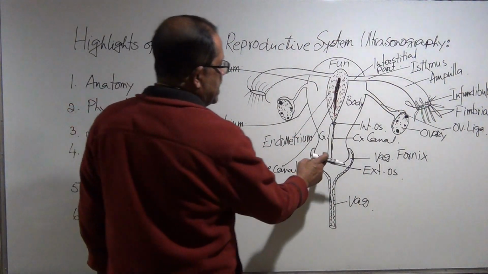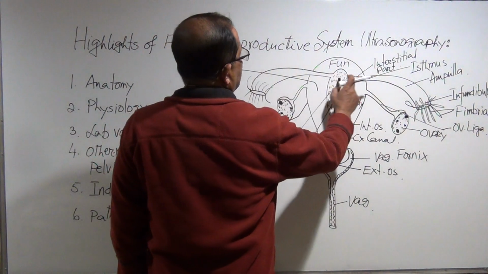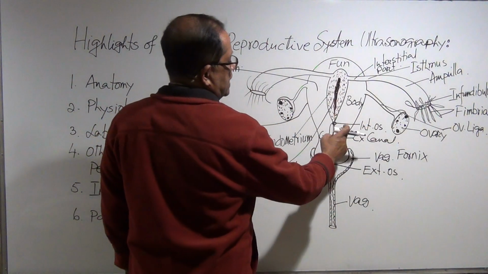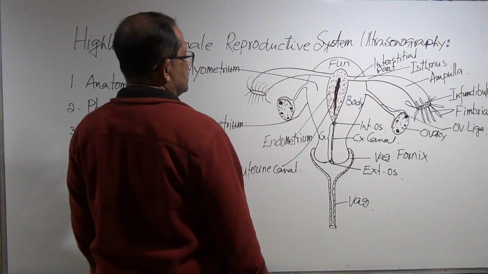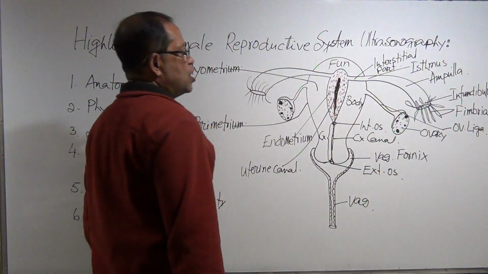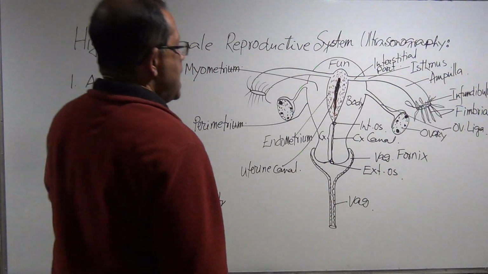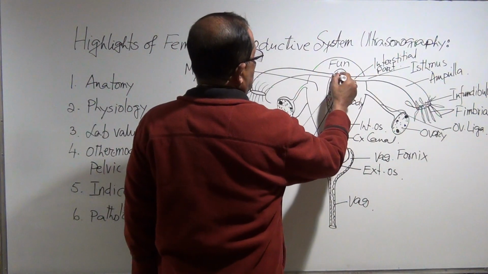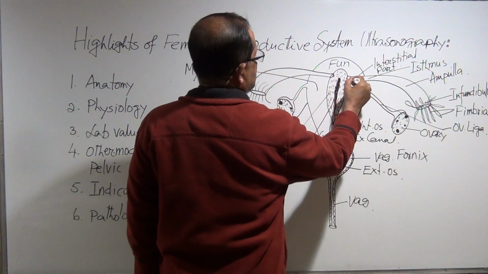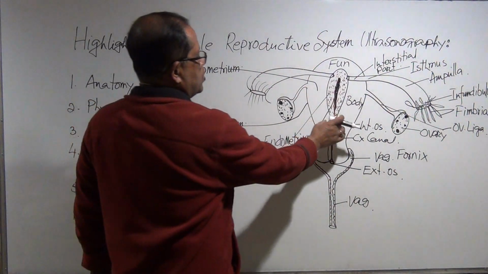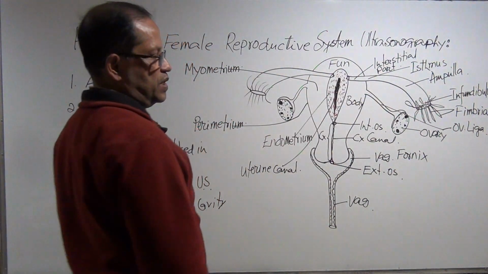And there are three openings: the fallopian tubes opening, and the internal os opening, and the external os opening. And this internal os and the two fallopian tube openings, like this, look like a triangular shape.